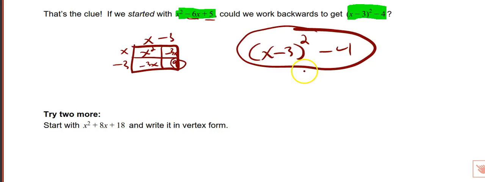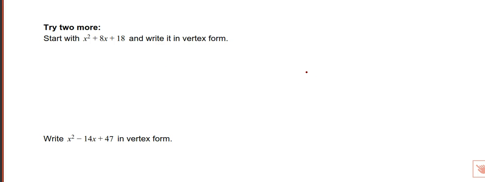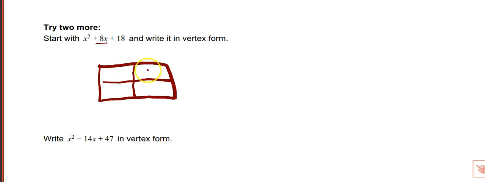Let's apply this thinking on a couple more. Two more, and then you'll get to try some to practice. So if I'm going to have any hope of writing this as a perfect square, to write this in vertex form, I'm going to take my middle term and realize that it had to be cut in half. So I take my box. I know that 8x has to be a 4x and a 4x. So I had x plus 4 and x plus 4, and that got me what I was looking for.